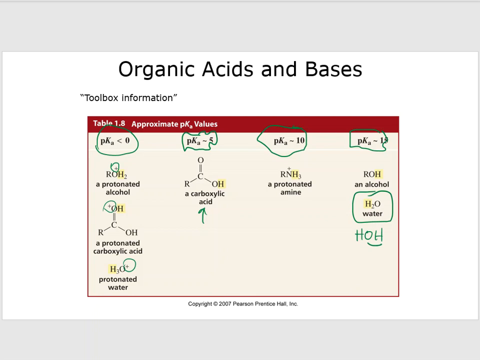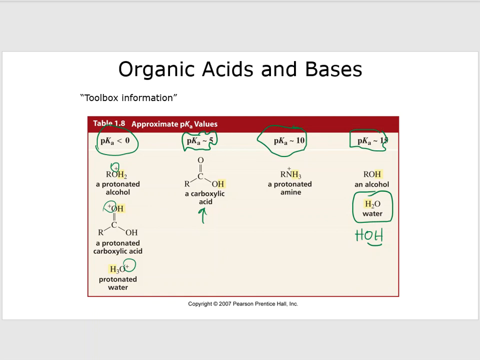You now see why they do it there, because that is an OH group. And you might look at this and say, well, that OH group is there. Why isn't this classified as an alcohol? Well, kinda. I mean, it's very, very close. So that's why you see water and alcohol in the same column, because they somewhat have the same functional group associated with them. And that's an OH group area on the structure.